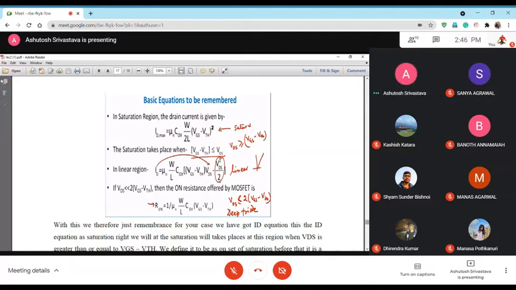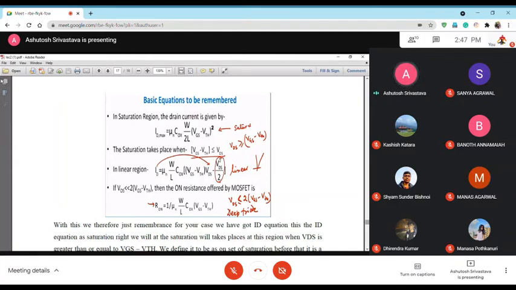As far as the resistance offered within the MOSFET configuration, the so-called on resistance, and its determination is concerned, under the condition that drain source voltage is far lesser than twice the overdrive voltage, the on resistance is inversely proportional to mu n W by L Cox times the overdrive voltage.